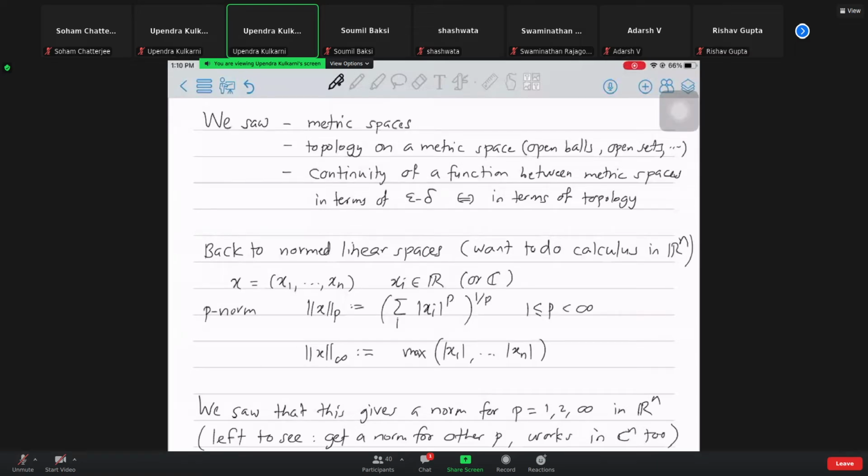I have claimed that it is a norm for every single value of p between 1 all the way up to infinity, but we have proved it only for 3 values. So we have not proved it, but it is a norm, which we will prove at some point. I'm not sure if I understand the question. If not, please clarify.